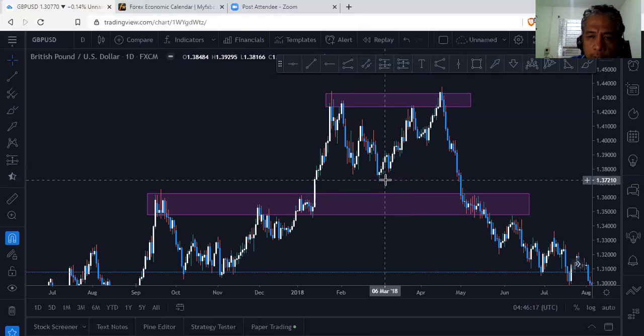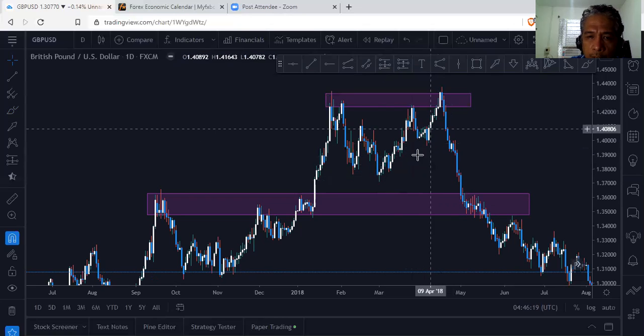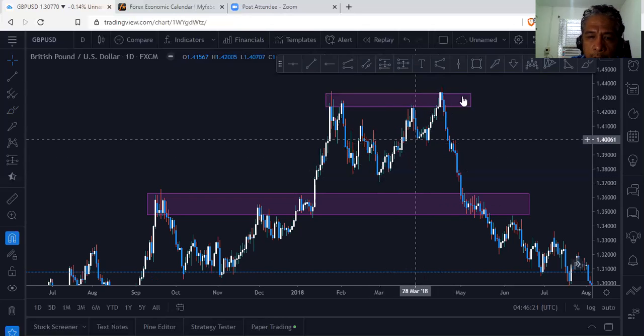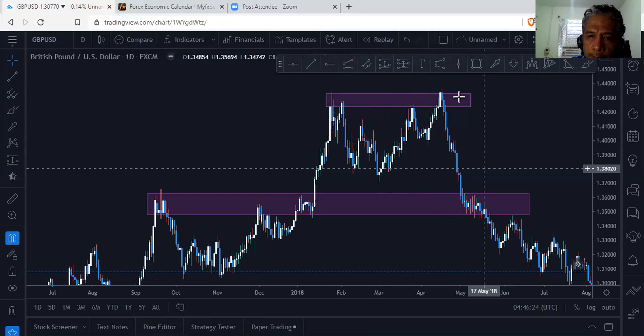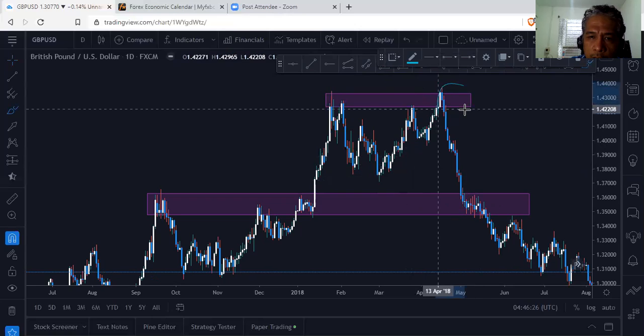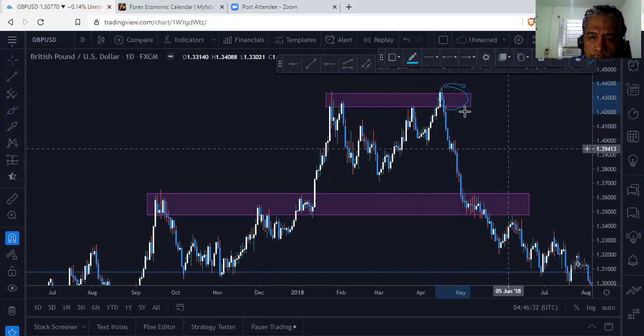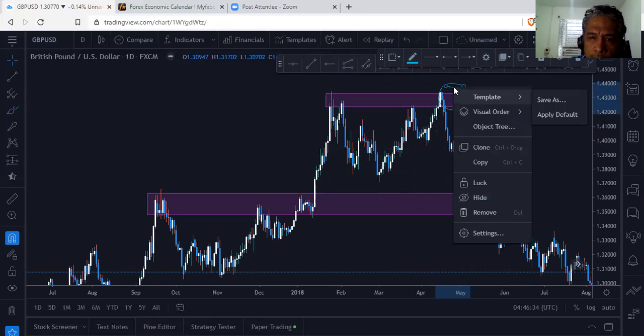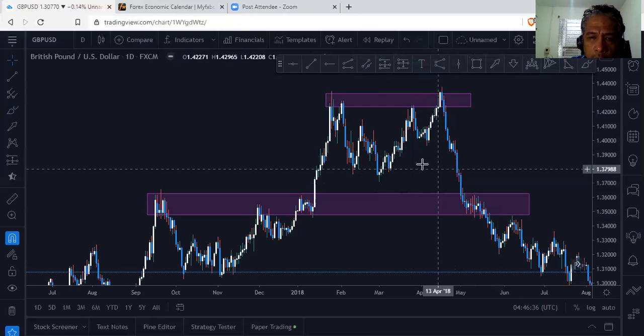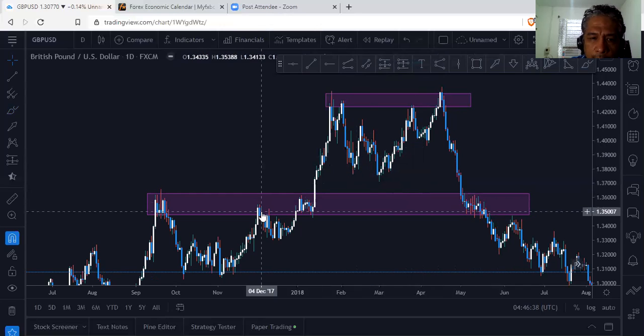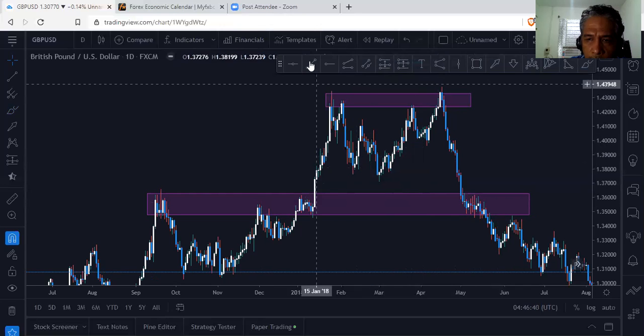Anyway, you can play around here if you'd like to do scalping before the reversal happens. But in this location, you should watch out for this area as the reversal level. So in this area, I'll be drawing trend lines.